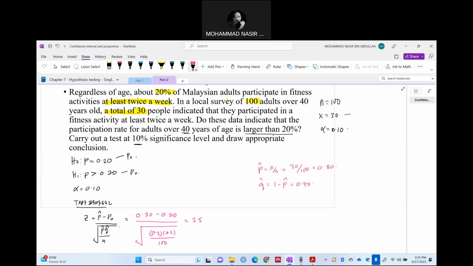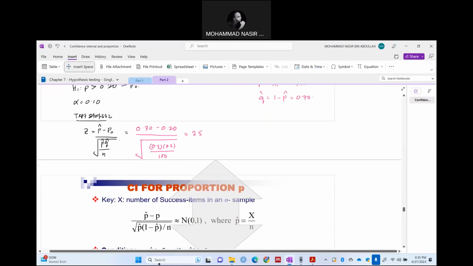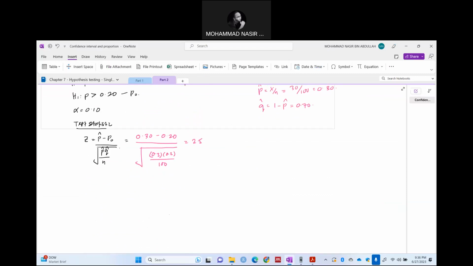Next step is we need to find the critical region. Looking at the alternative hypothesis, more than 0.2, this is a one tail test.